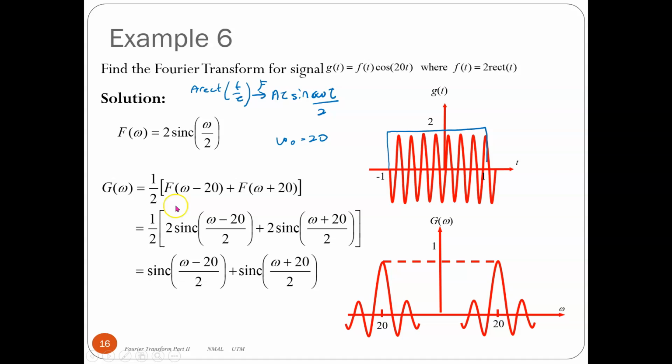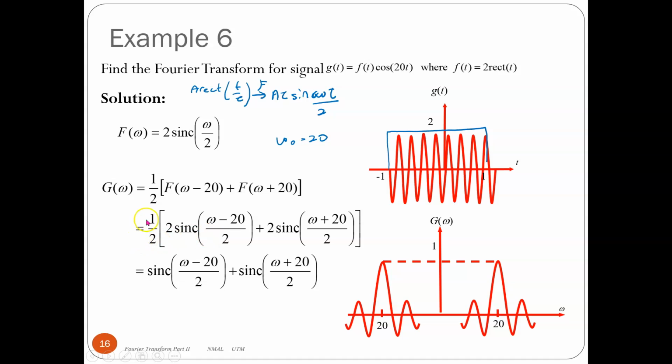In other words, we take the Fourier transform for f(t) which we already obtained, 2 sinc(omega over 2). You replace omega with omega minus 20 because 20 here is omega naught, and then divide by 2, plus 2 sinc((omega plus 20) over 2) divided by 2.